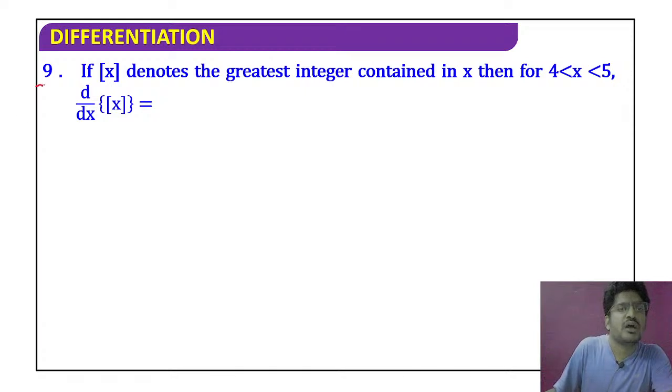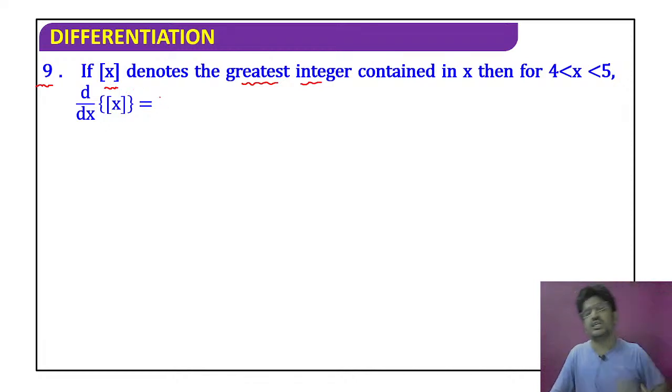See problem number 9. You can go to problem number 9. This is the greatest integer function, square bracket x means greatest integer function, for x in between 4 and 5.